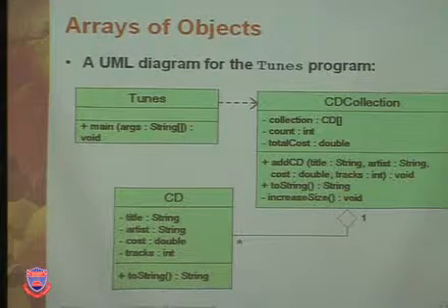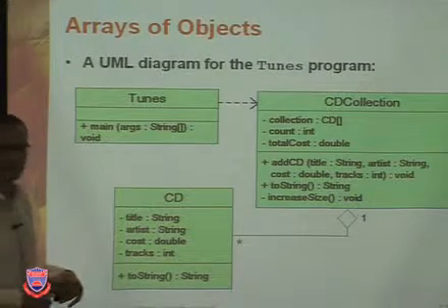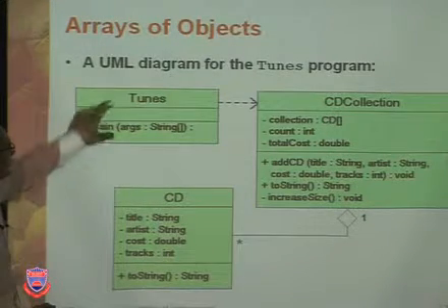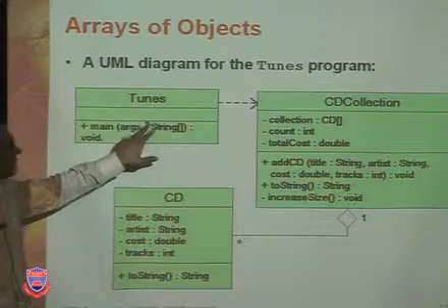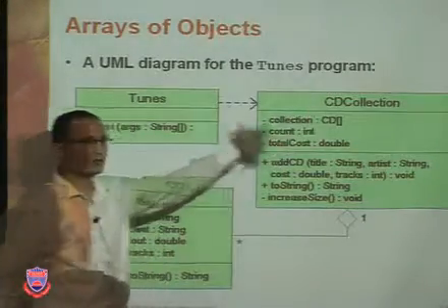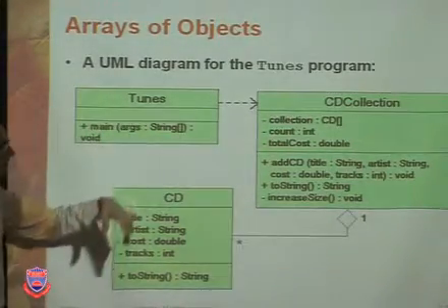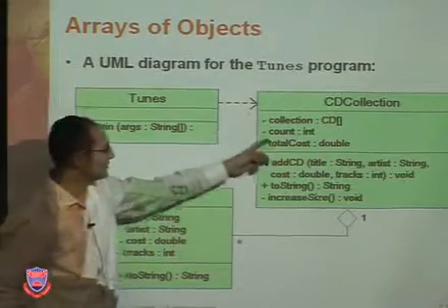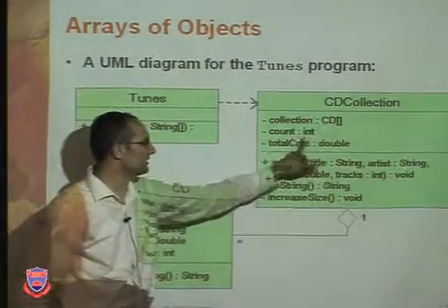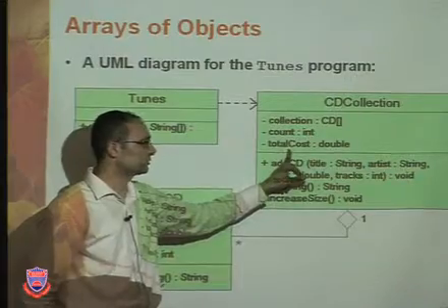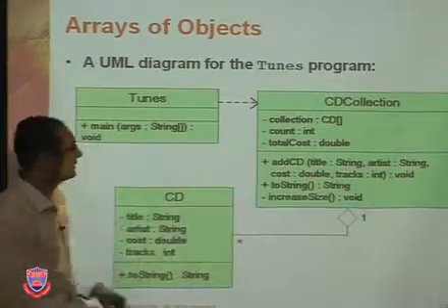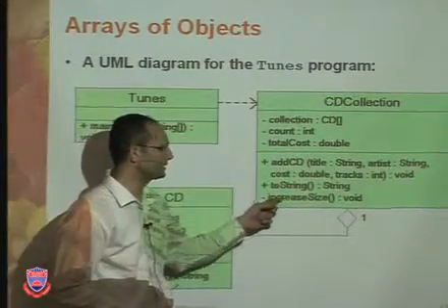So when you look into the UML diagram of this application, you see that we have the Tunes class, which uses the CD collection, and it instantiates some of those CD collection variables. And you have the CD array, and then the count and the total cost, which is a double. And you see that you have the addCD and toString methods.